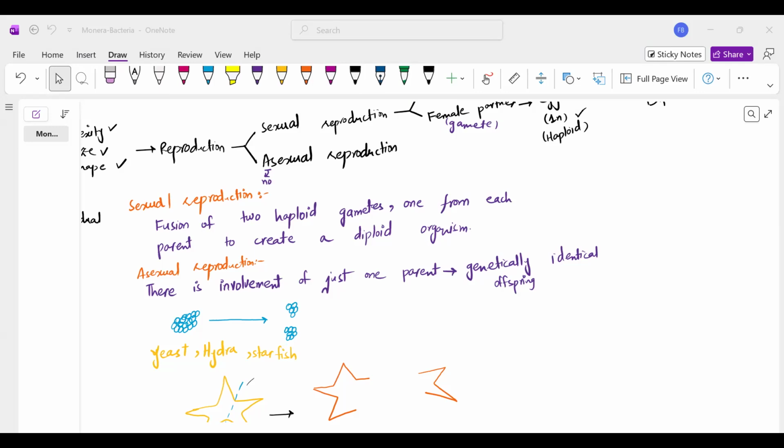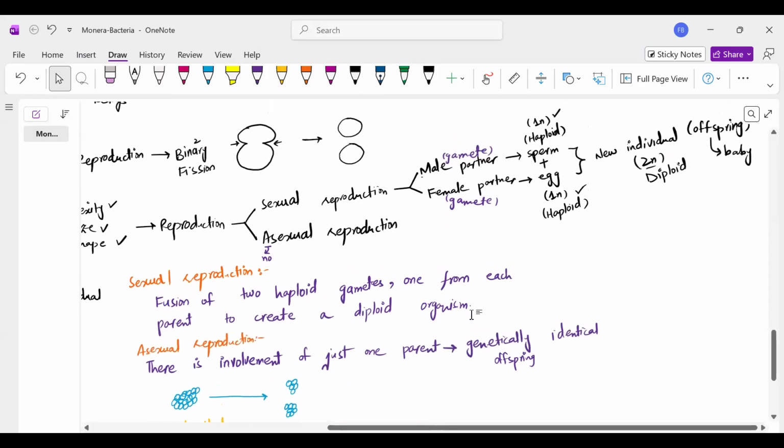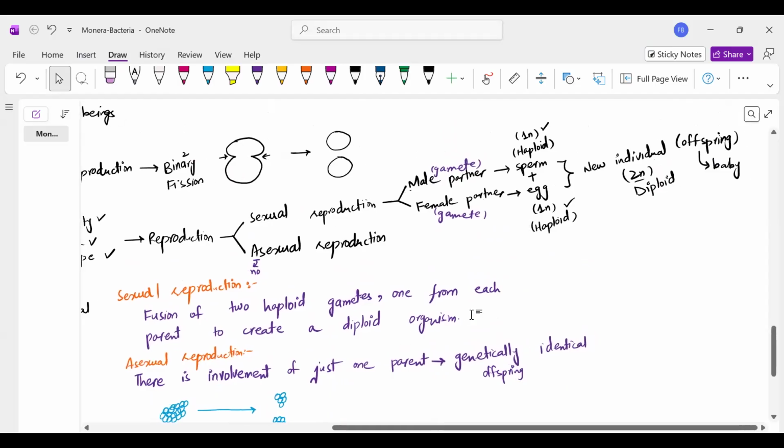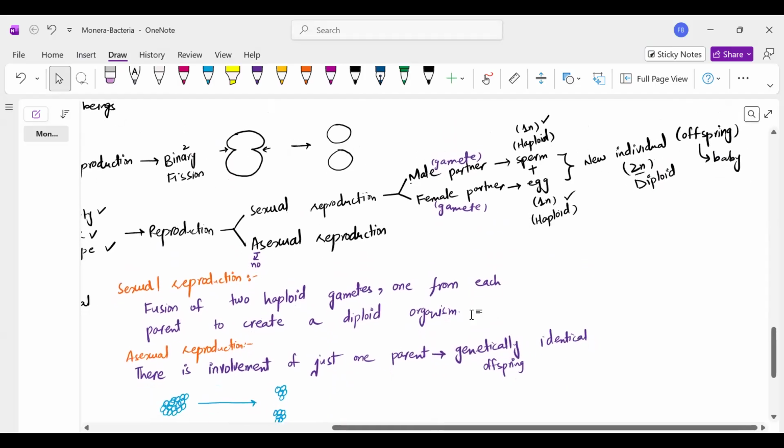Okay. So over here, how many categories of reproduction are there? Two. What are those? Sexual and asexual. And what is the difference between sexual and asexual reproduction? Asexual has only one parent, either female or male, and the offspring will be produced from just one parent.